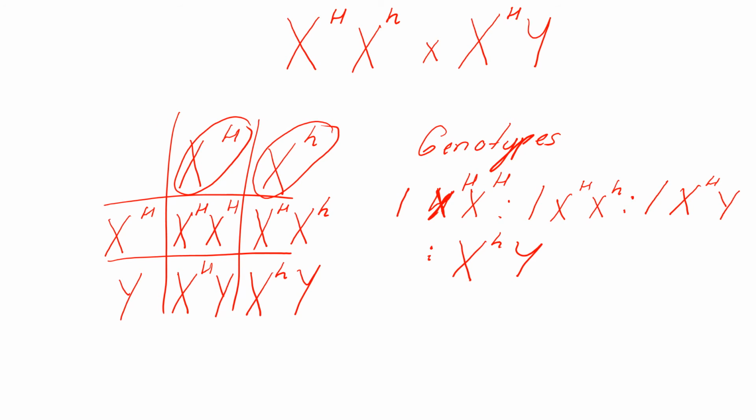If I change this into my phenotypes, I'm going to end up with one female, and I'm looking at the first combination now, and she is going to be a normal female. I have here one female.